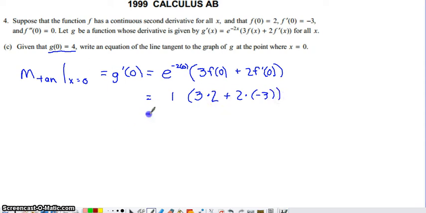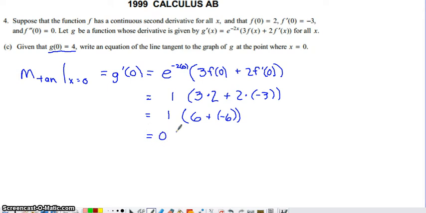We're looking at 1 times the quantity, 3 times 2, and then plus negative 6. And if you evaluate inside the parentheses, you're obviously looking at 0. 1 times 0 is 0. So you end up with a slope of 0 for your tangent line.